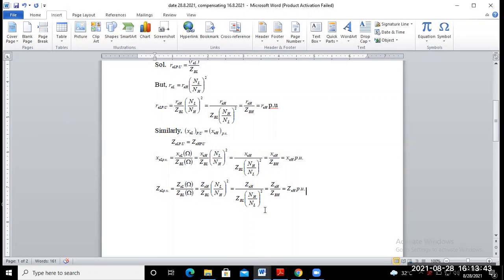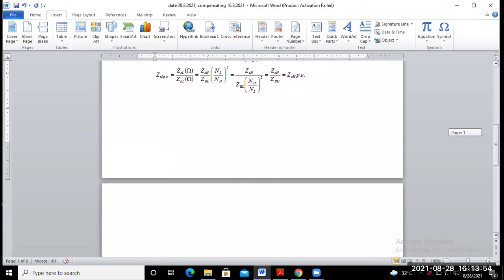So we already saw that the resistance, reactance, and impedance, either on the low voltage side or high voltage side, are equal. Okay. So next, we will consider one example.